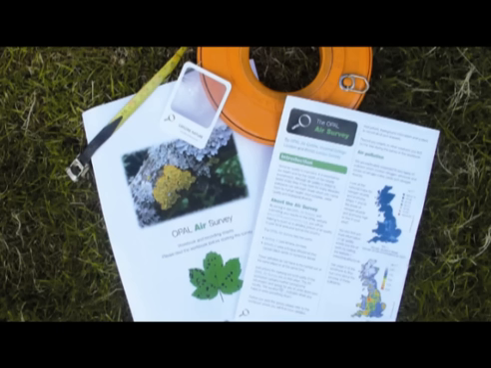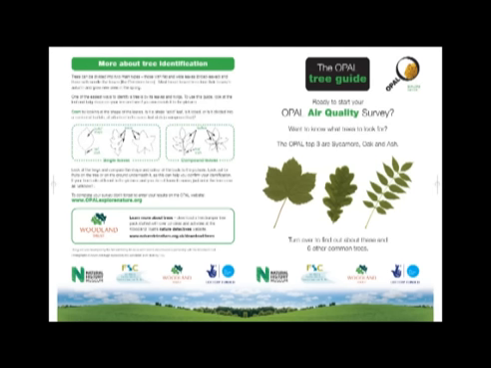The Air Survey pack contains a fold-out chart, a workbook, a tree chart and an OPAL magnifier. When you go, you'll also need to take a tape measure and a pencil to fill in the workbook. Use your tree guide to find a suitable tree and begin the survey.